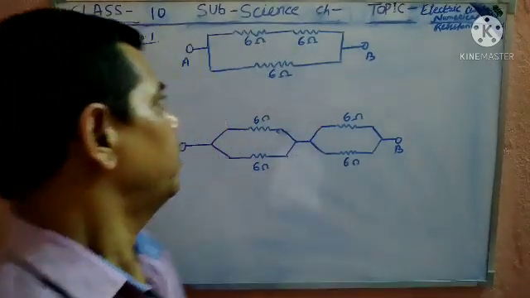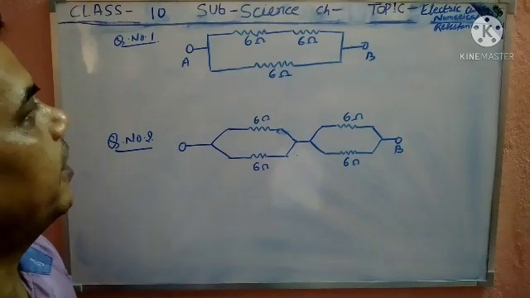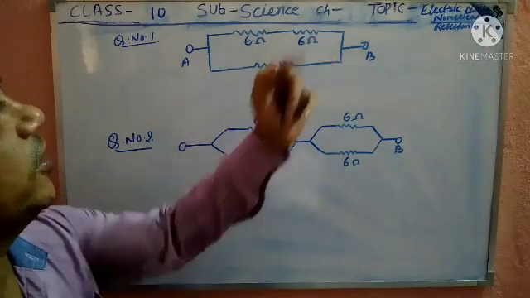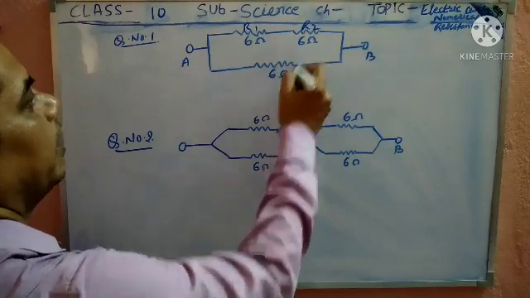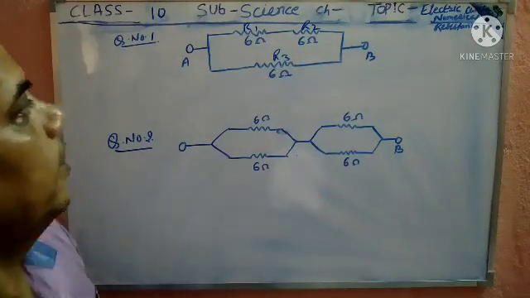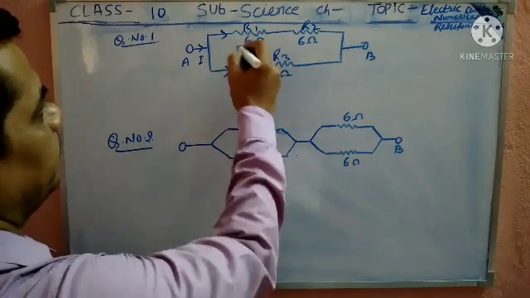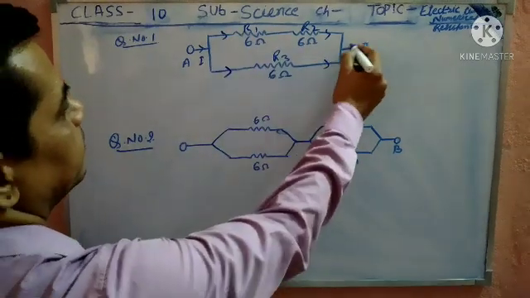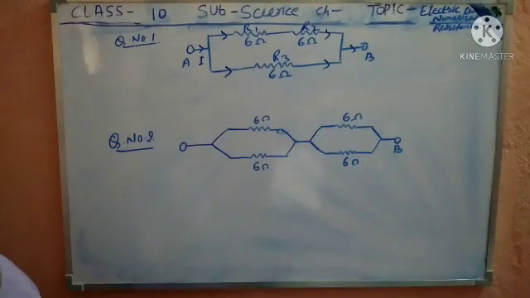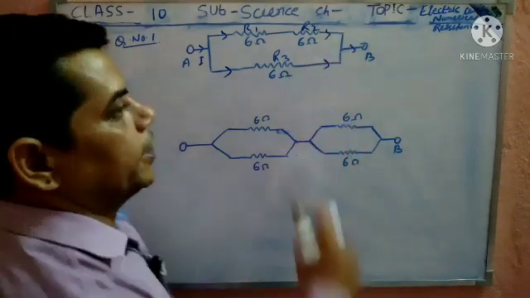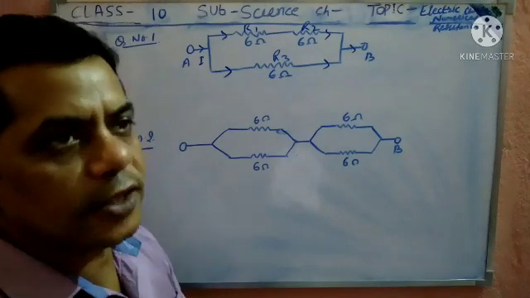Now let us discuss these topics. In the given figure there are three resistances, R1, R2 and R3, and we have to find the current I passing through the circuit, and the resistance in this circuit.